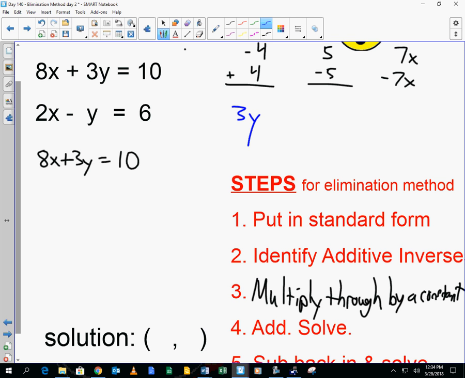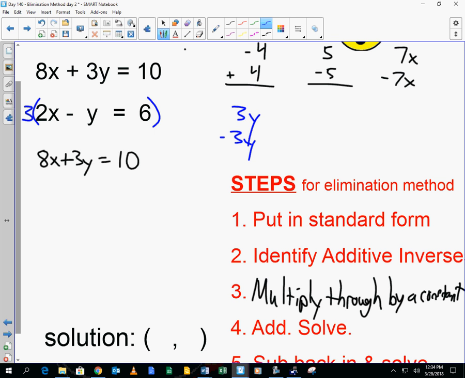If I have 3y, what's the additive inverse of 3y? Negative 3y. I want a negative 3y there. So what would I multiply by in order to get a negative 3y? Multiply through by a constant. So I'm going to multiply through by 3.